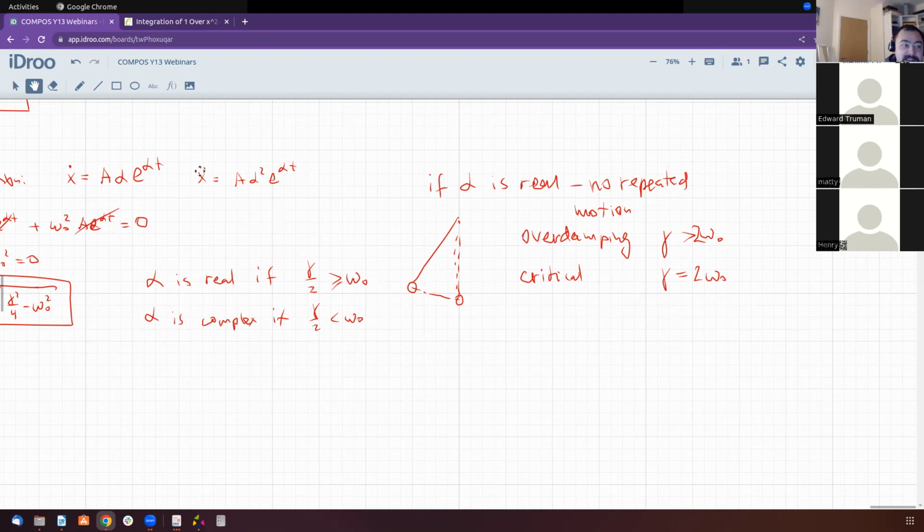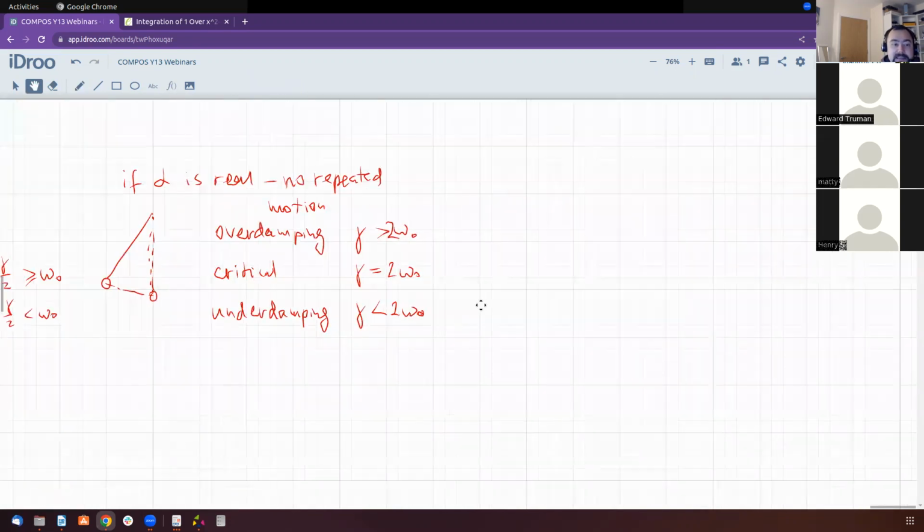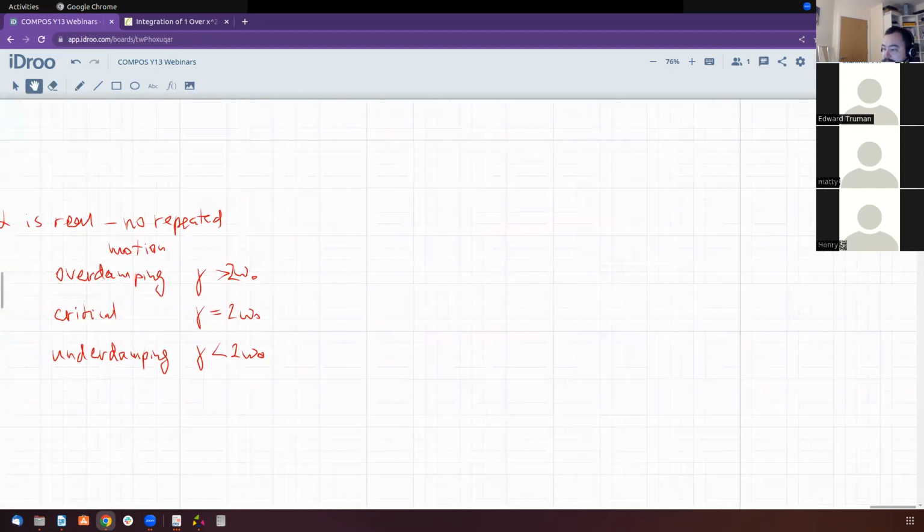If it's underdamped, that means gamma is less than 2 omega 0, and the solution is complex. And you have the graphs here.